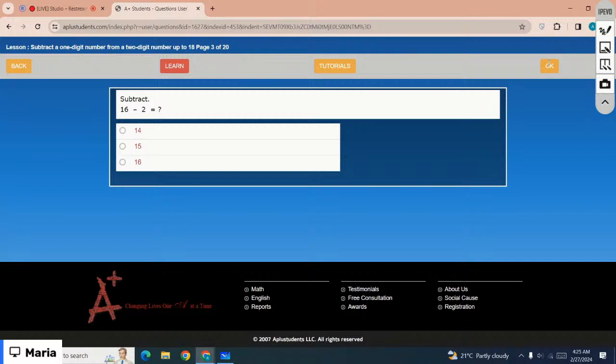So which is the correct option? 16 take away 2 is 14. 16 take away 2 equals 14. Option number 1 is the correct option.